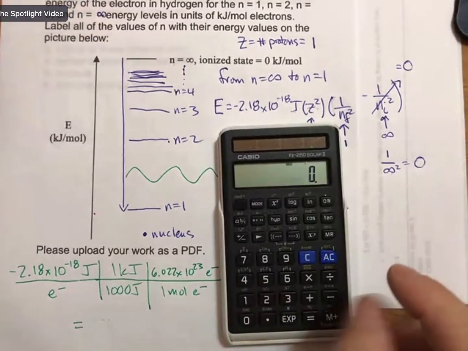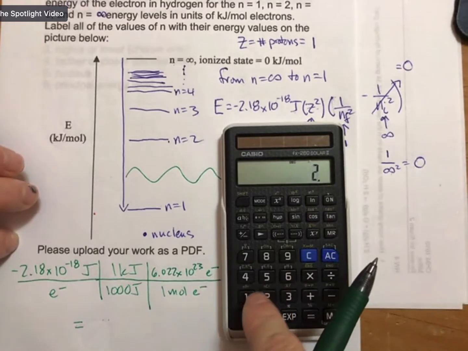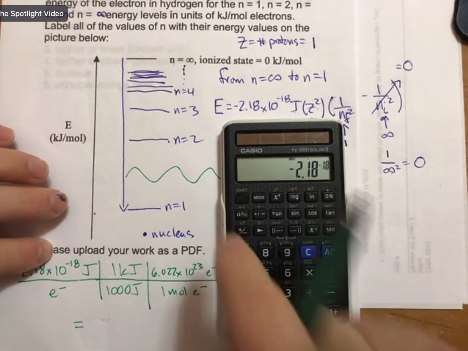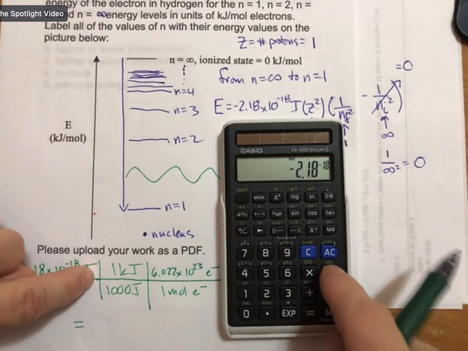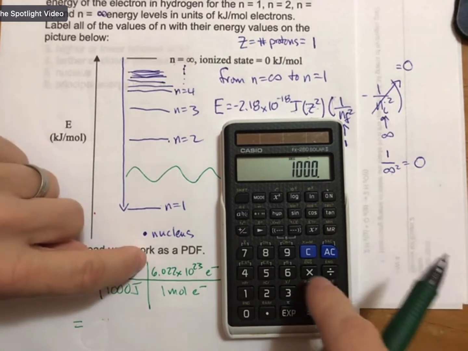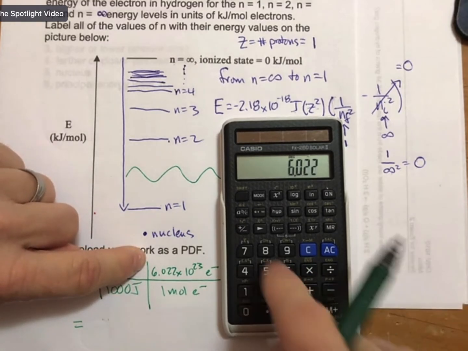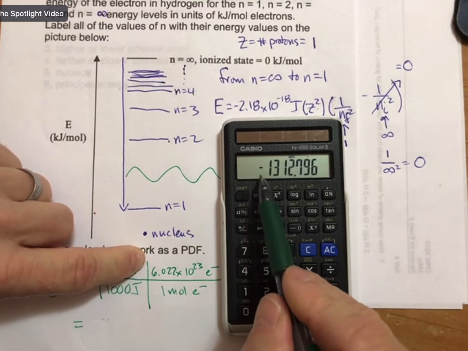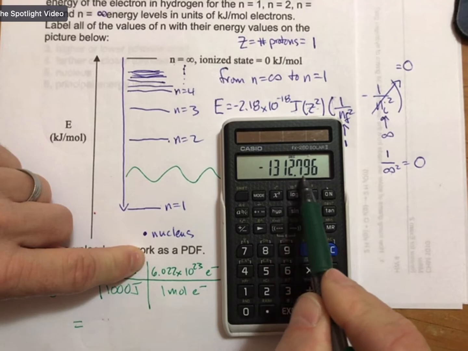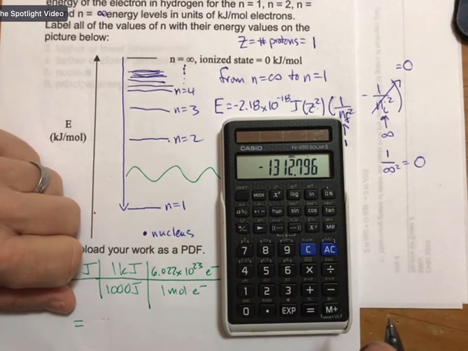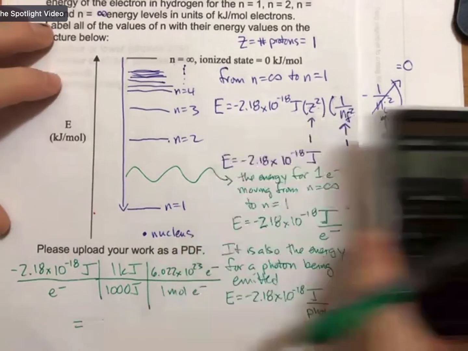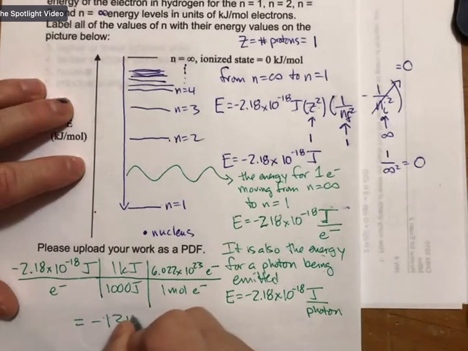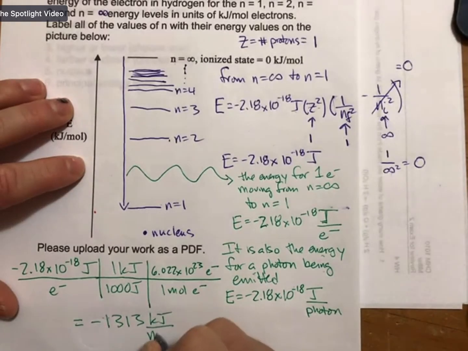So 2.18 times 10 to the minus 18, divided by 1,000, times 6.022 times 10 to the 23rd. And I get minus 1313 kilojoules per mole.